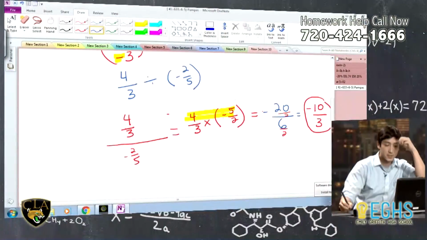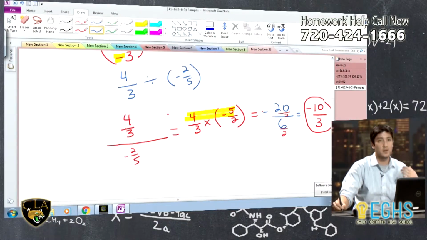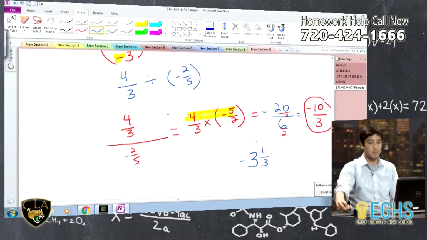So if you wanted to write this as a mixed fraction, what we can do is say, well, what is -10 divided by 3, or what is kind of close to it? So you know 3 times 3 is 9. So we have 3, and we still have 1 left. So 1/3, and then this is negative.